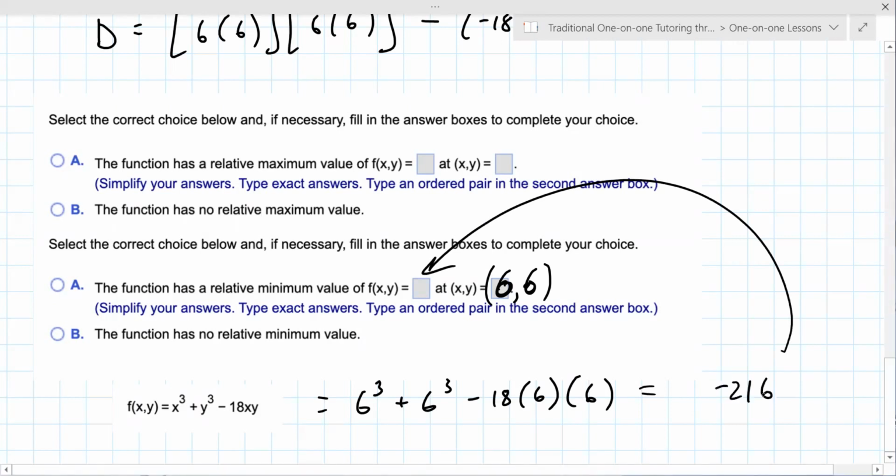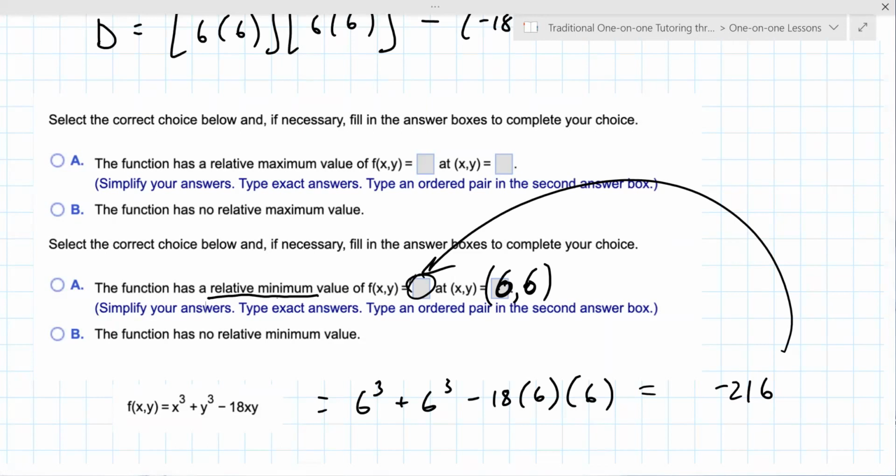The second box, right? Yes. And then negative 216 would go into that box that your cursor's over, and then 6, 6. Because it is a relative min.